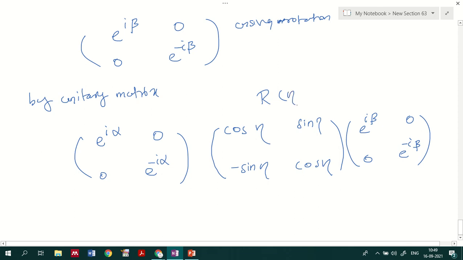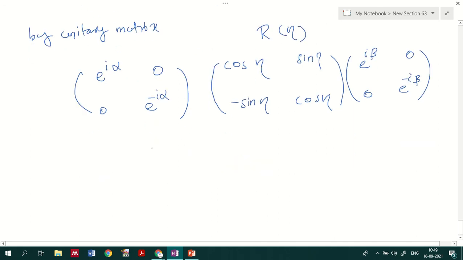So this is my rotational matrix R of theta. Now if you do this multiplication, first you have to multiply the first two matrices, that is e raised to i alpha with the cos theta matrix.